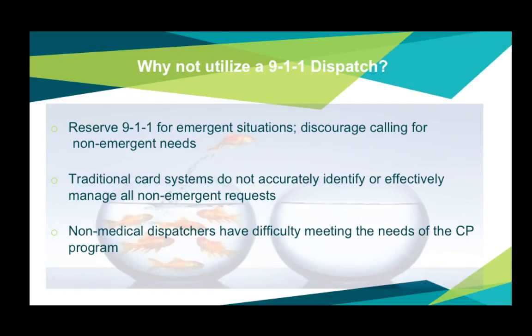We also found that the traditional card system did not accurately identify the non-emergent requests, and that the non-medical dispatchers had difficulty meeting the needs of the program in the sense that they weren't sure how to process and deploy the referrals that we were receiving or the requests for service.